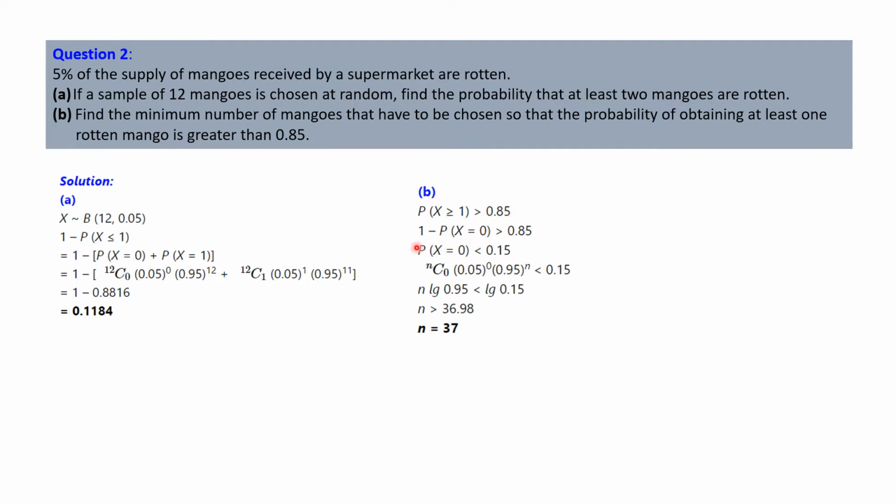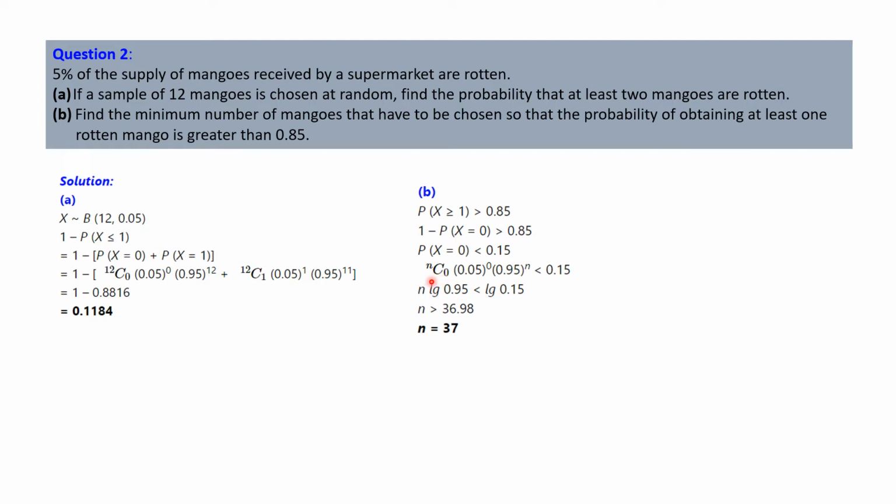So 1 minus the probability for x equal to 0 is greater than 0.85. After we rearrange the inequality, we will have the probability for x equal to 0 is less than 0.15. The question asks us to find the minimum number, so n is unknown. So we have to find the value of n.